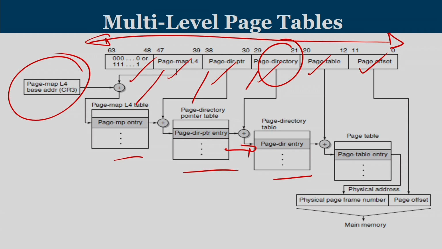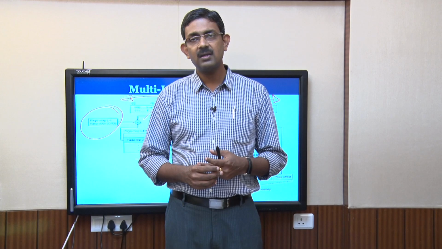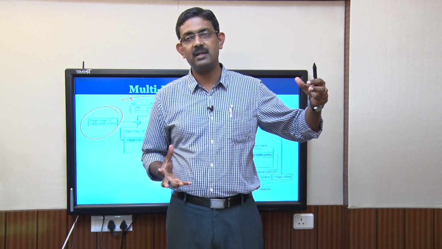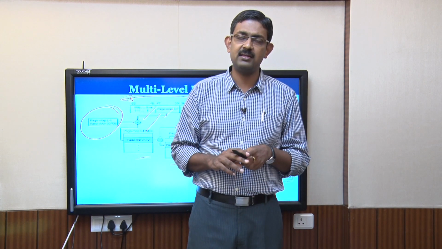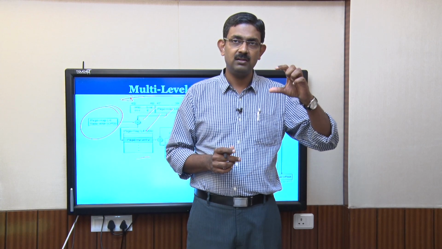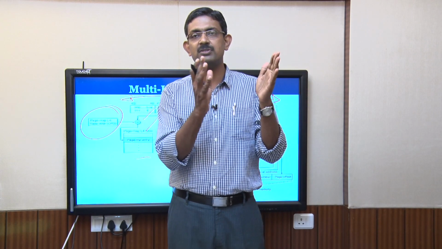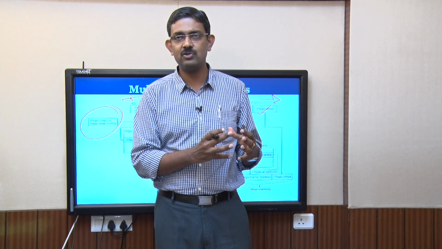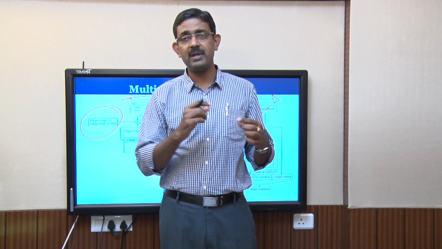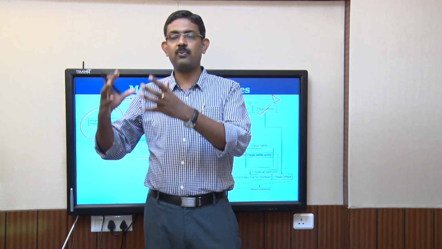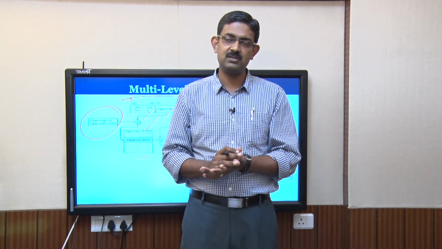So, when you have relatively large virtual address space, rather than keeping one page table for the entire process, we can have a hierarchy of page table where there is a level 1 page table which is our first point of indexing. So, using fewer number of bits index into page table level 1, and each of the entry into page table level 1 is indirectly pointing to another set of page tables.